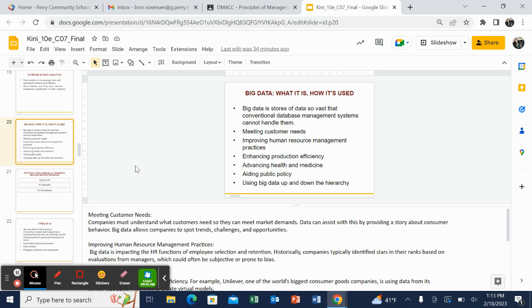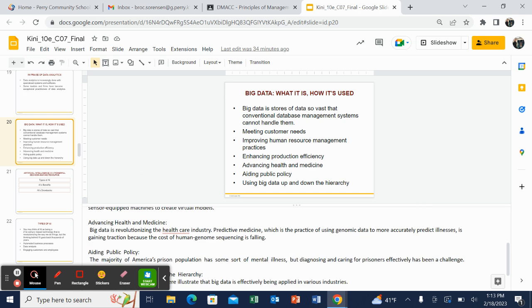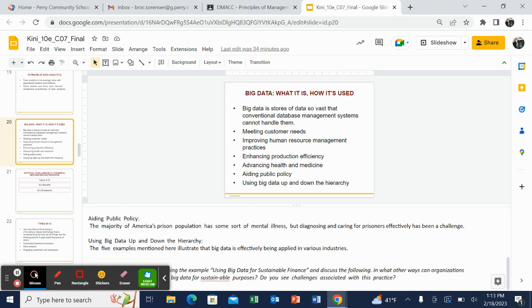When we talk about using it up and down the hierarchy, we simply mean lowest level, top level, middle level, how is data being used. And if you take a look on page 285 in your book, you can actually see at what managerial level the data is being used, and how big data can be used at that certain level of management.